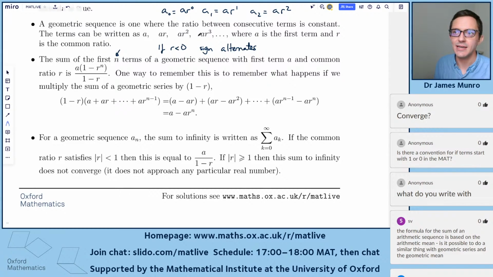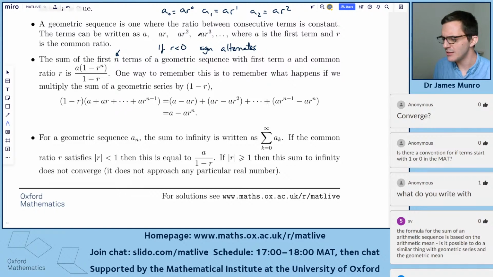The idea you're supposed to have in mind at this level is that the infinite sum, full of lots of tiny bits getting smaller and smaller, gets closer and closer to this number, a over 1 minus r. If you took all of the terms somehow, it would get really close to a over 1 minus r.